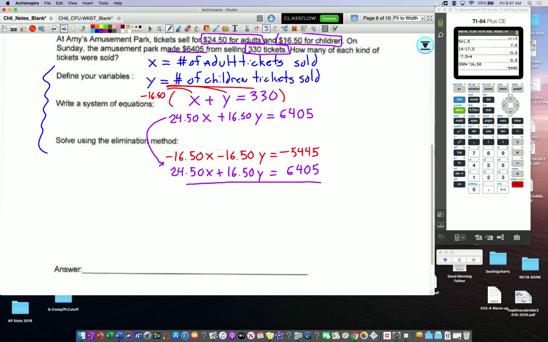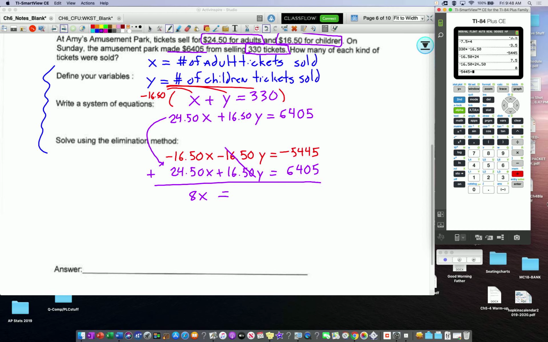So now, just add the equations together. Negative 1650 and 2450. If you can't trust your math here, use your calculator. Add those together. Whoa! Of course, if Mr. Bartz types it in right, he needs to make that 2450. That is 800, so I have 800x. Y's cross out.